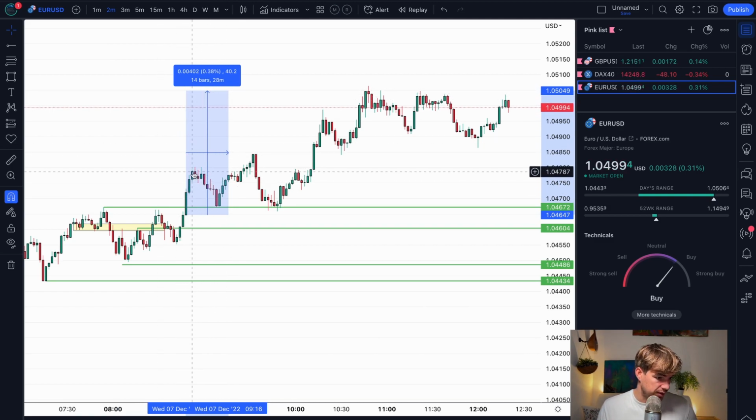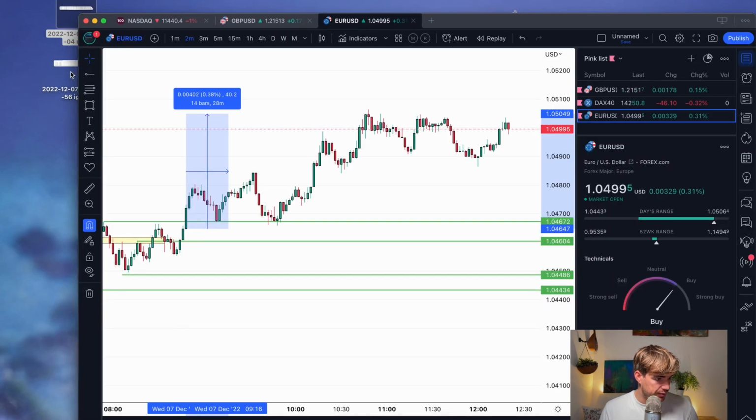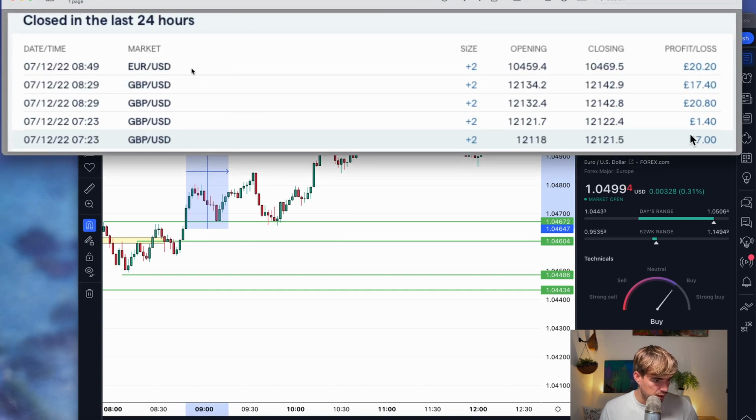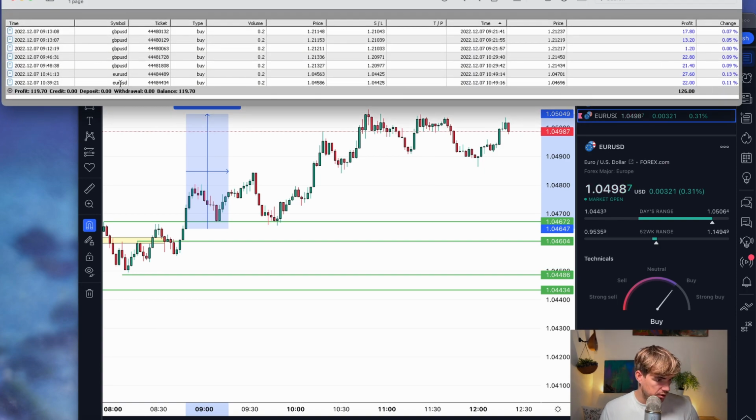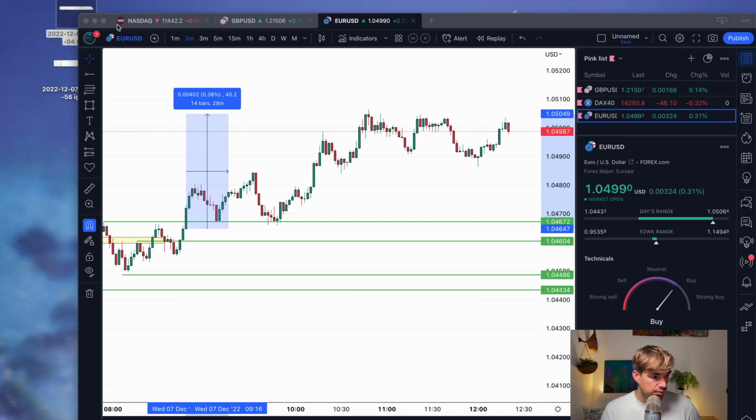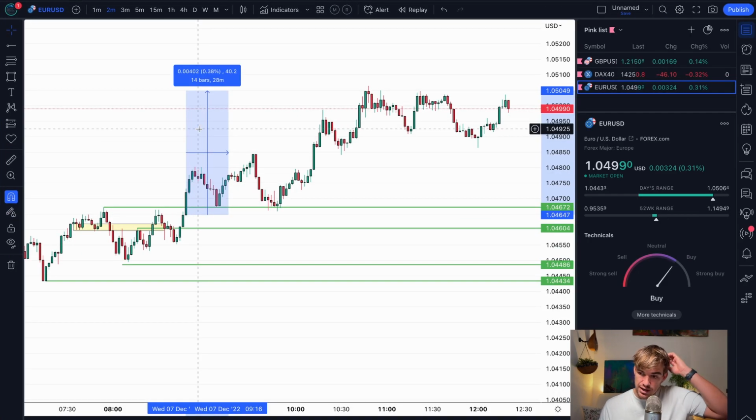So I got 20 pips or 10 pips, I think, on the euro dollar from that trade. I only traded it once, and it was pretty clean. And this was 2 trades on here, 10 pips each of 0.2. It was quite clean.